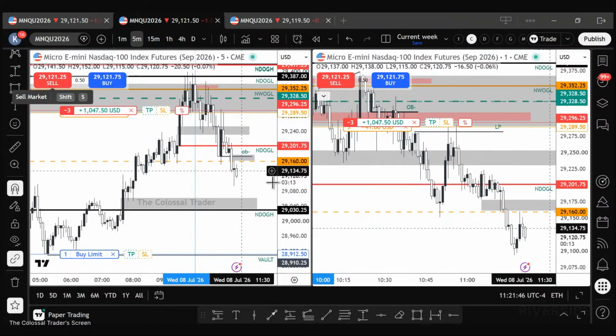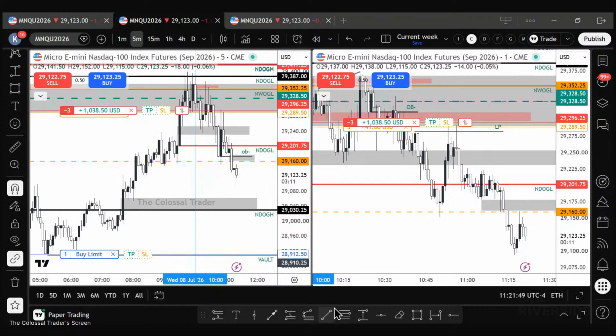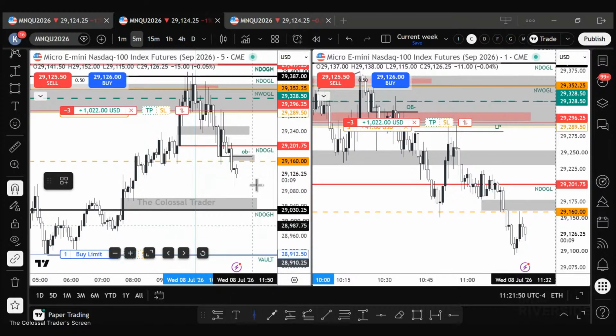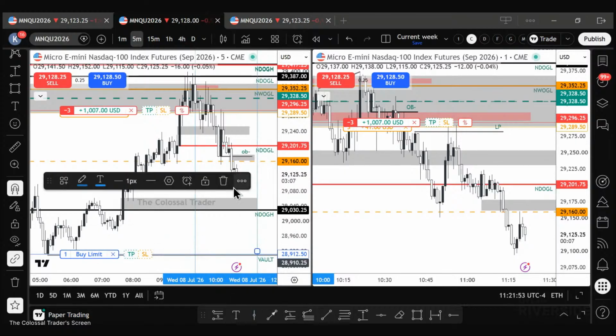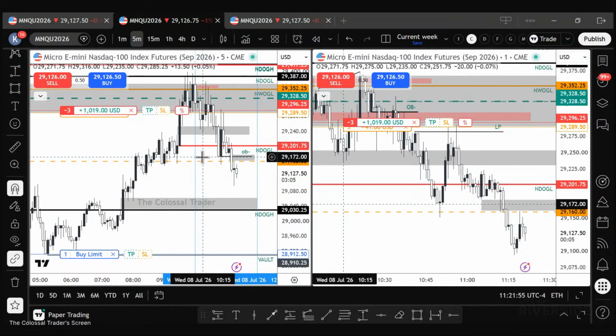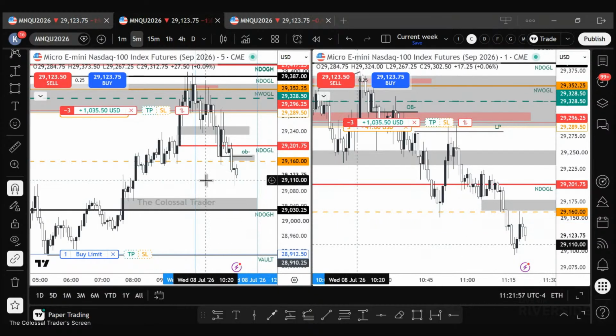So I'm going to let this play out. 10 to 12. Let's see this window right here. Let's see if we get something.